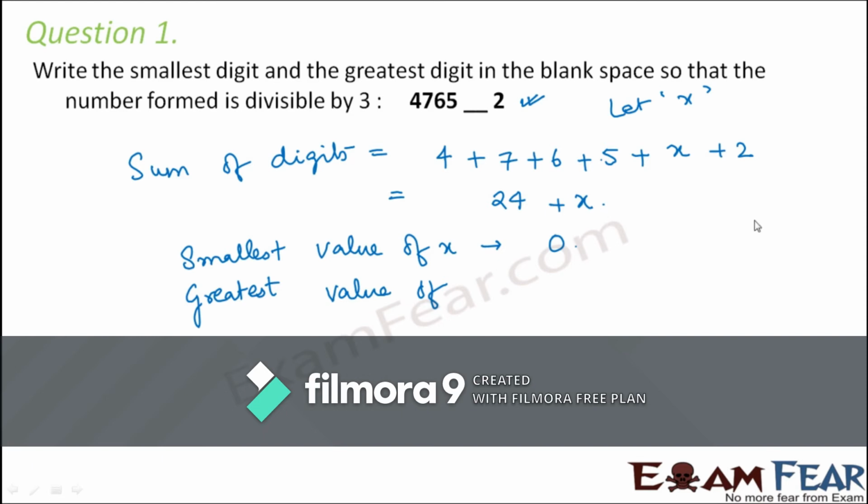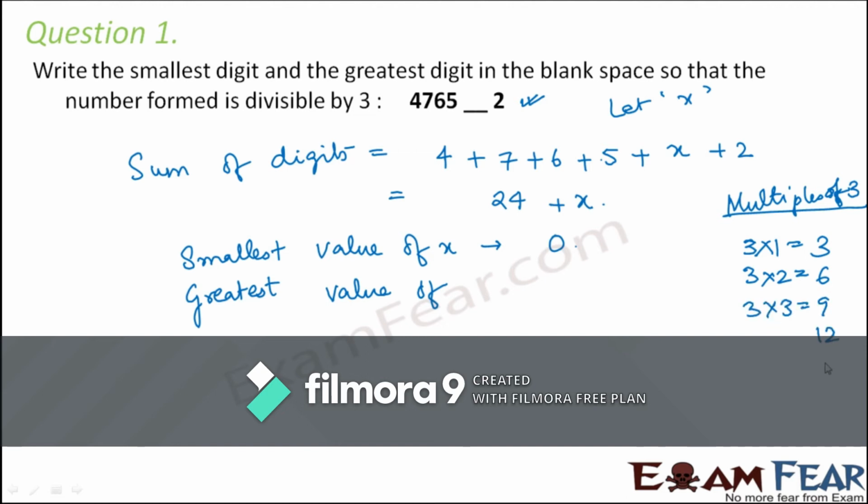Now, quickly look at the multiples of 3. The multiples of 3 go something like this: 3 1s are 3, 3 2s are 6, 3 3s are 9, 3 4s are 12, 3 5s are 15, and so on.